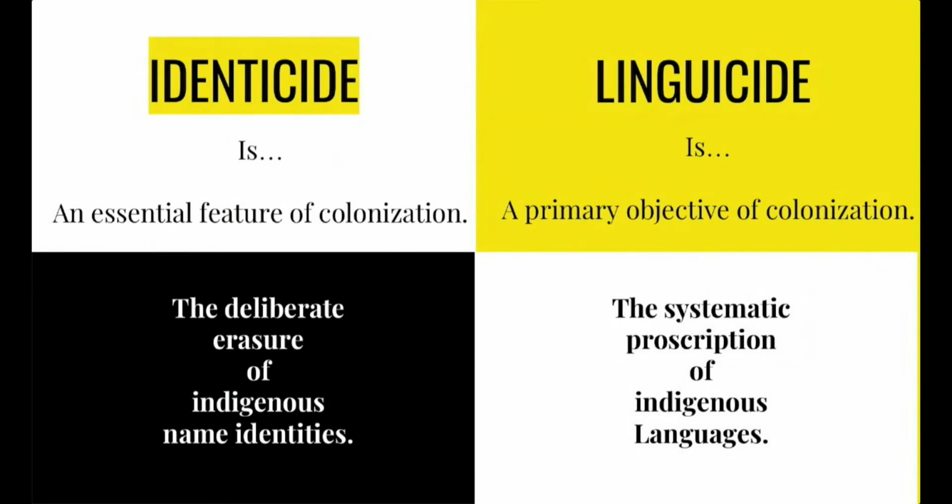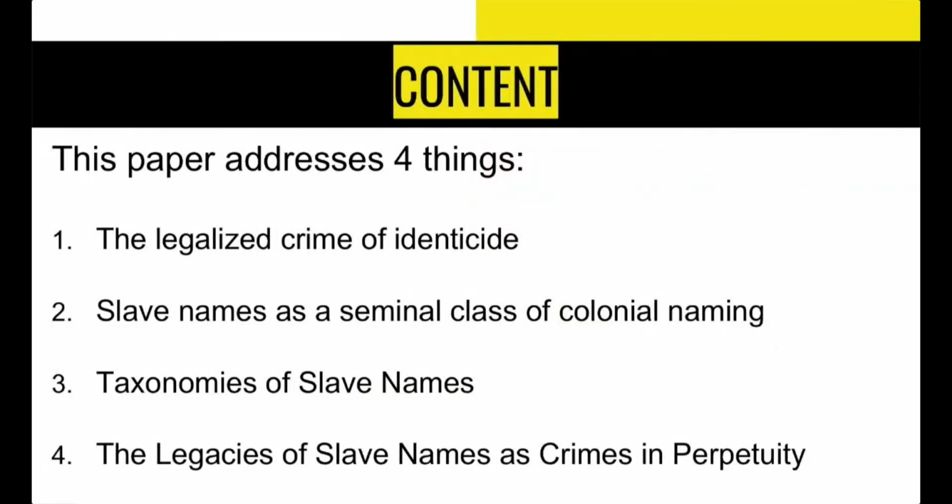Identicide speaks to the deliberate erasure of indigenous name identities, and linguicide speaks to the systematic proscription of the indigenous languages. These two were intersecting processes that happened pretty much at the same time, at the very initiation of colonization. And with identicide and linguicide came the erasure of a people, which was justified in law.